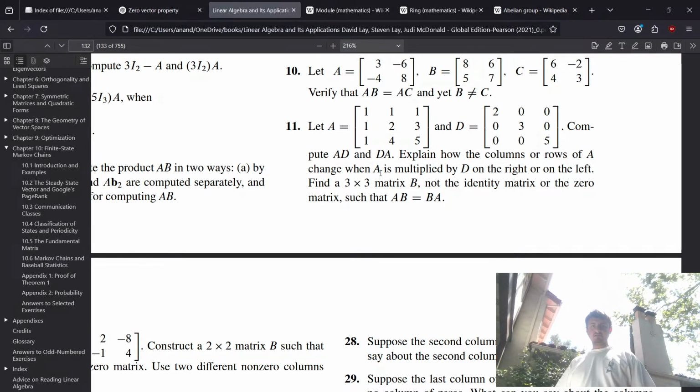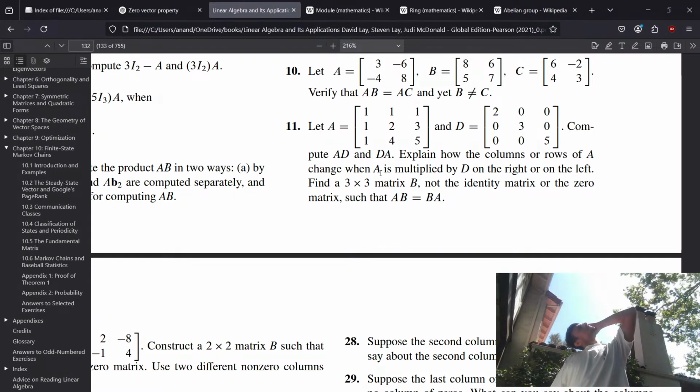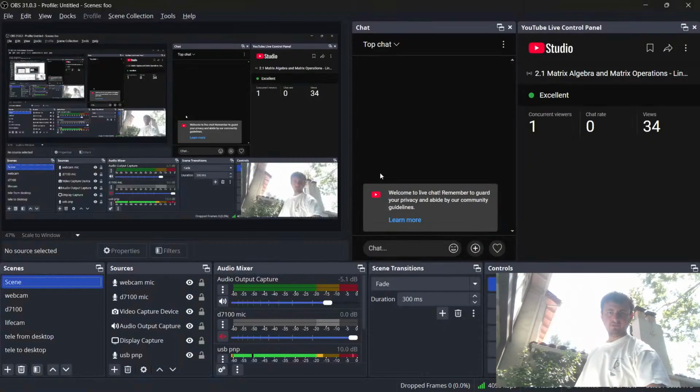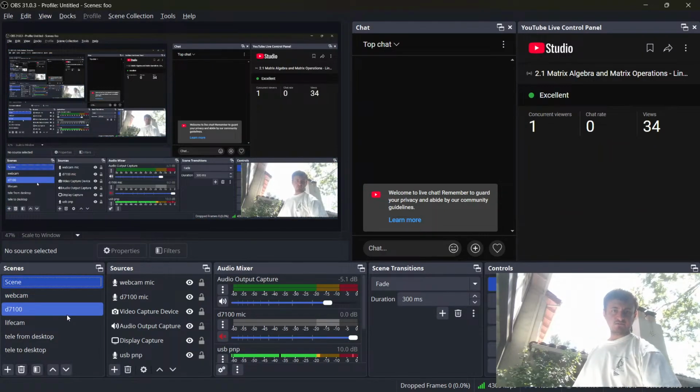So D is diagonal and A is non-invertible. I might do a simpler version of that problem, but that's a good one.